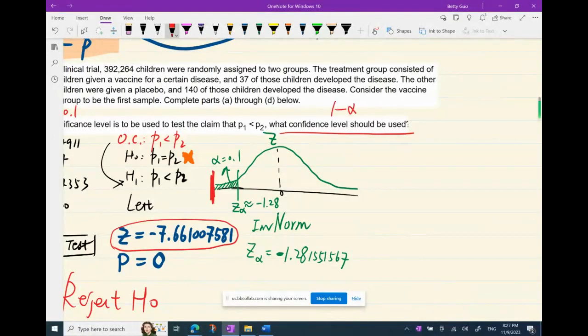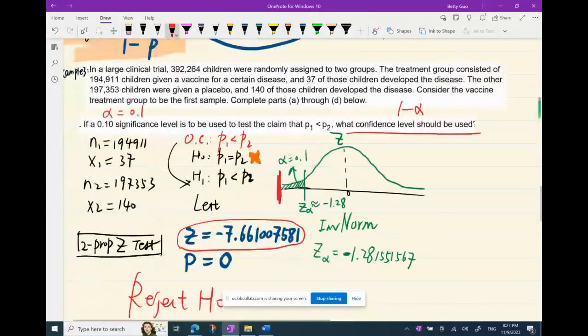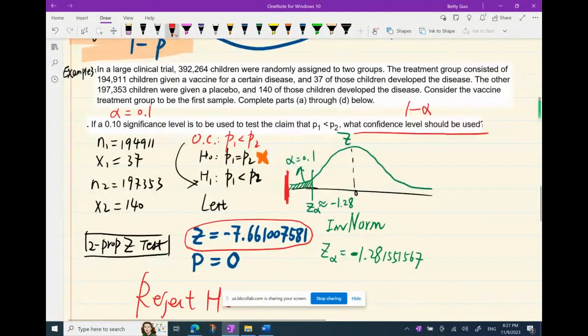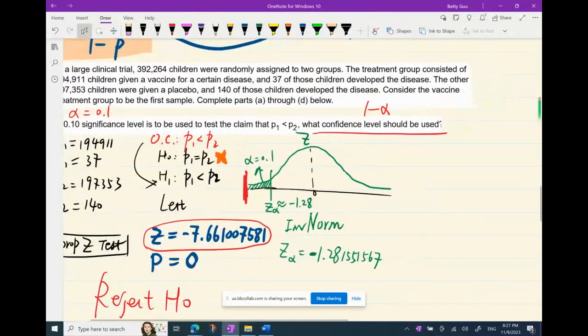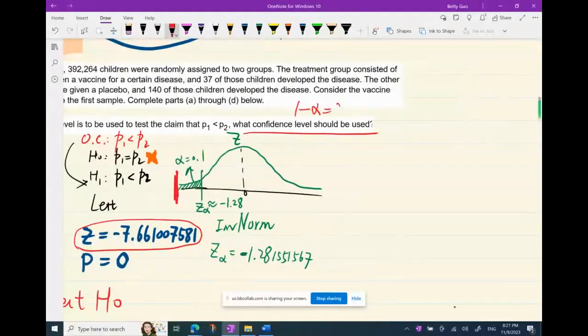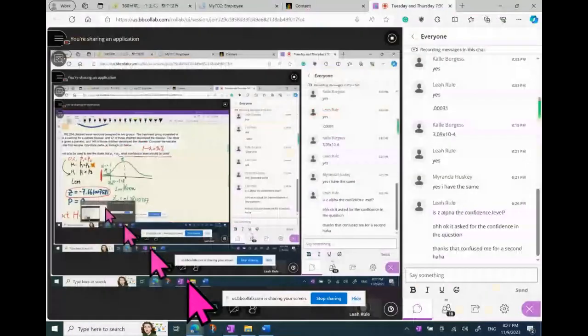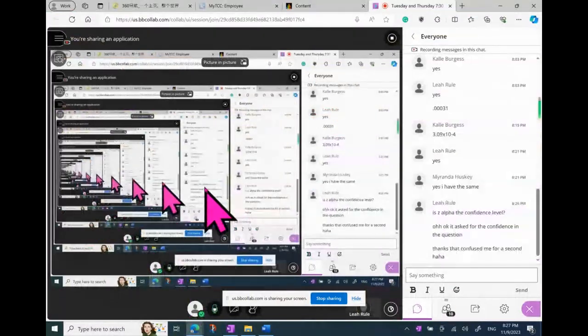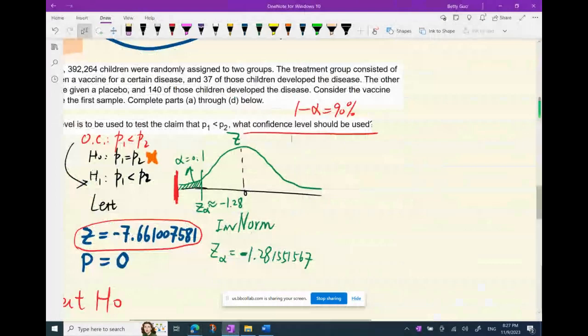Okay, 1 minus alpha, so 90%. Sorry, I didn't read the question carefully. 90%. Okay, thank you, Leah, for reminding me that.